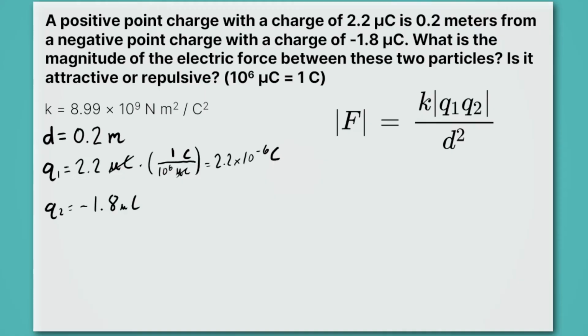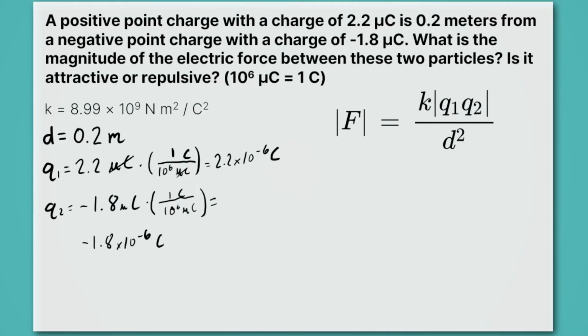Same basic procedure here for the minus 1.8. We'll do times 1 coulomb over 10 to the 6th microcoulombs. And we'll get minus 1.8 times 10 to the minus 6th coulombs.